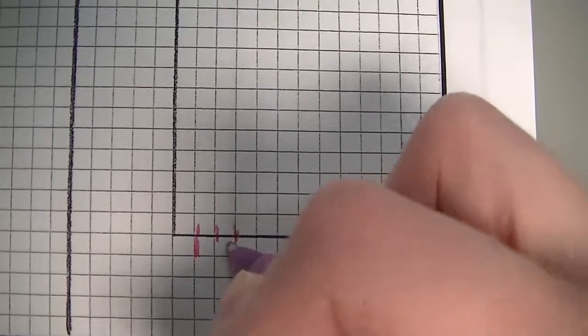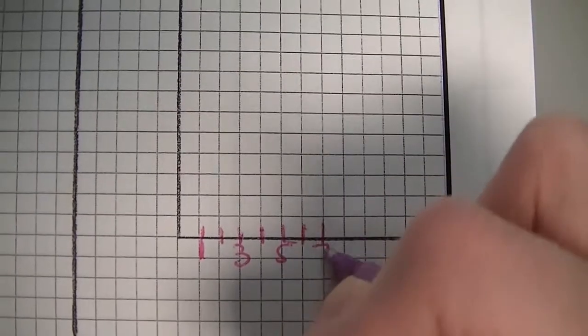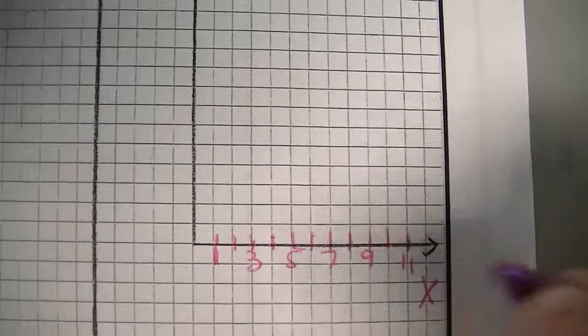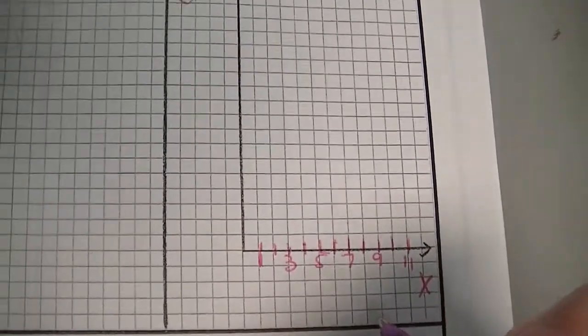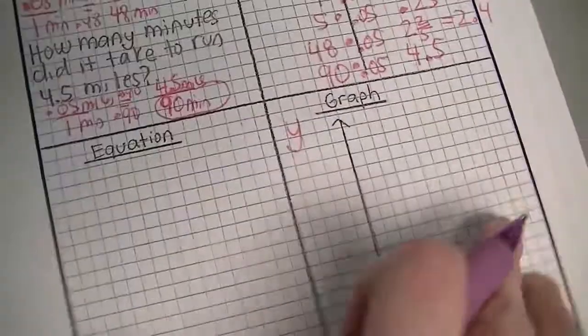I'm going to count by just one, so that's 0, 1, 2, 3, 4, 5, 6, 7, 8, 9, 10, 11. And x represented the minutes. And the y-axis represents miles.